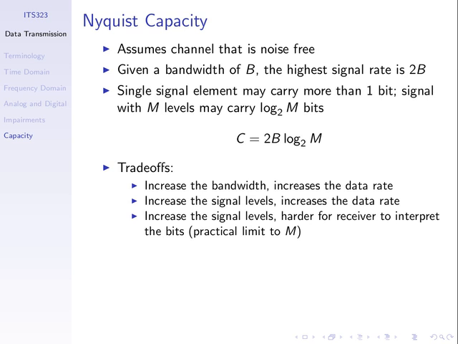The receiver receives the signal and measures the voltage. Is the voltage close to -5? If yes, then we'll assume the received bits correspond to this level. If the received signal is close to +5 volts, then we'd assume that the received bits correspond to this level.